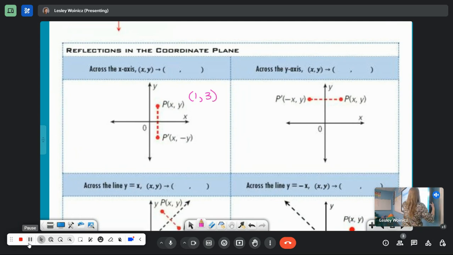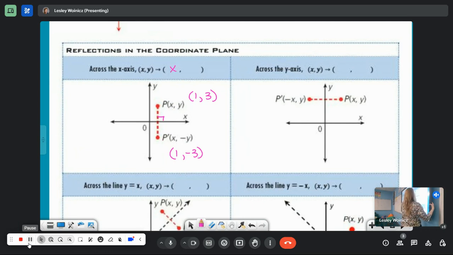Now, if I reflect the point 1, 3 over the x-axis, it's going to be perpendicular and the same distance below the x-axis. What would the coordinates of P prime be? 1, negative 3. Oh my gosh, I did it wrong. 1, negative 3. So, did we change the x? No. So the coordinate rule is keep the x.